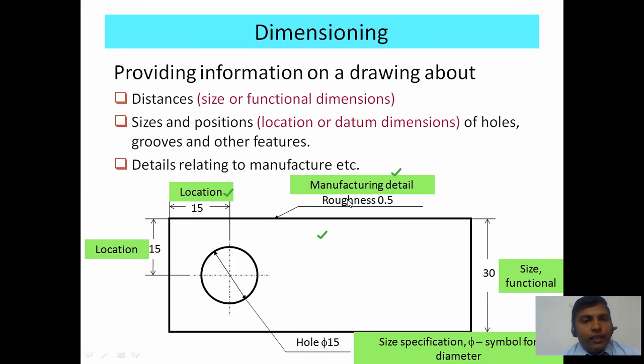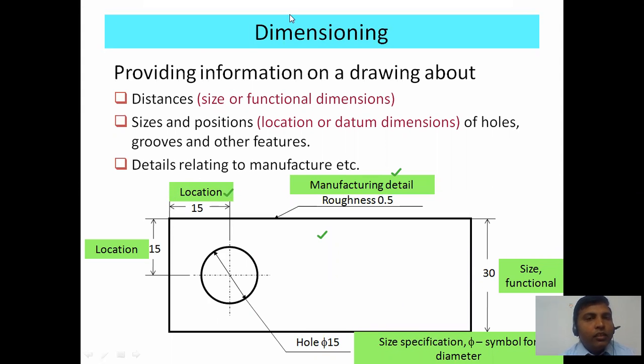dimensioning. If you see this diagram, the location dimensions are shown. The location dimension for this rectangle with the circle is expressed from this corner to this corner, which means the location of the dimension shows the line of symmetry of the circle with the corner.